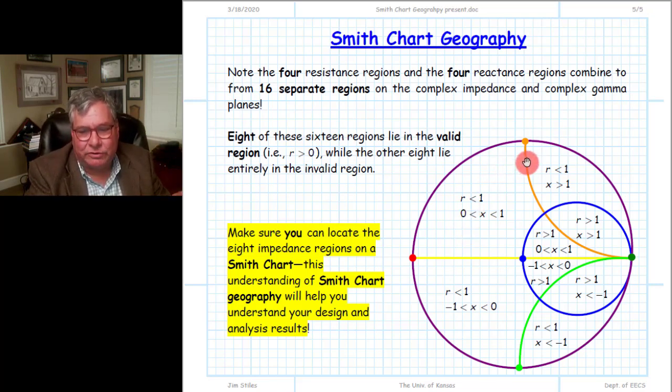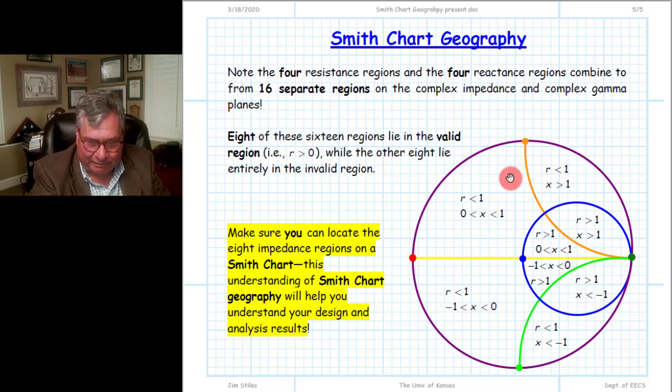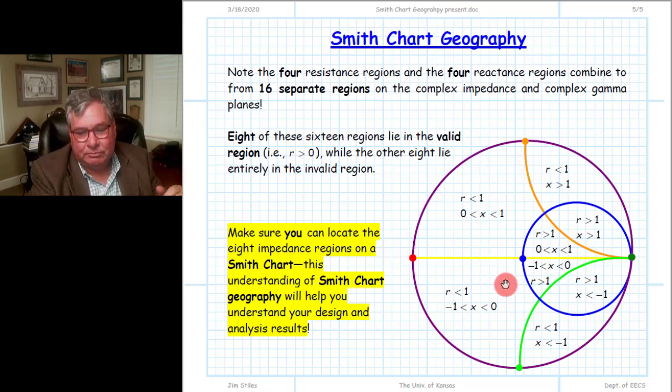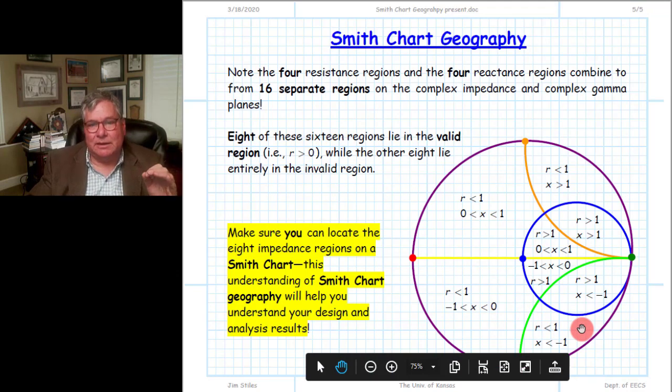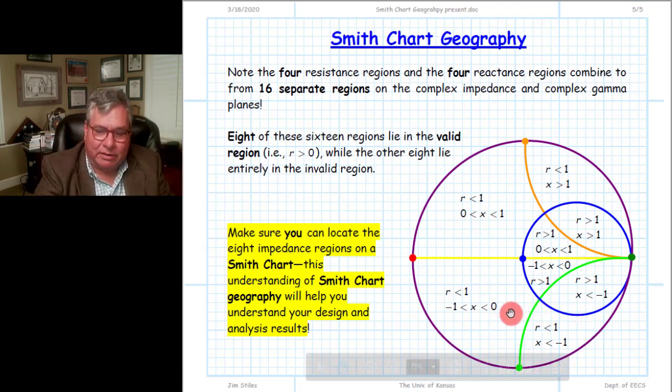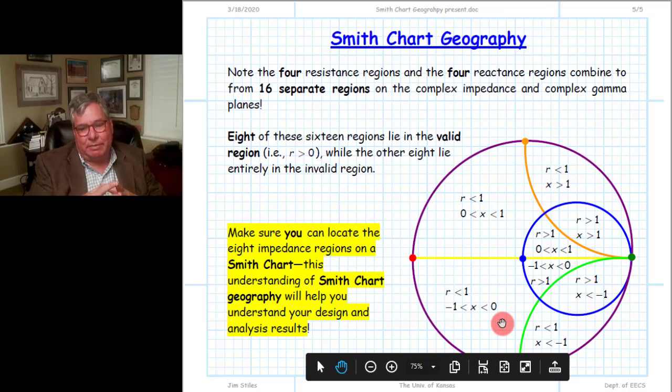This contour, which is the x equal to 1 contour: if it's to the right of that gold contour, the reactance will be greater than +1, and if it is to the left, it will be less than +1, between 0 and 1. The green contour: if we're over here, the reactance is going to be less than -1, and on the left side of that green contour, it'll be somewhere between 0 and -1.